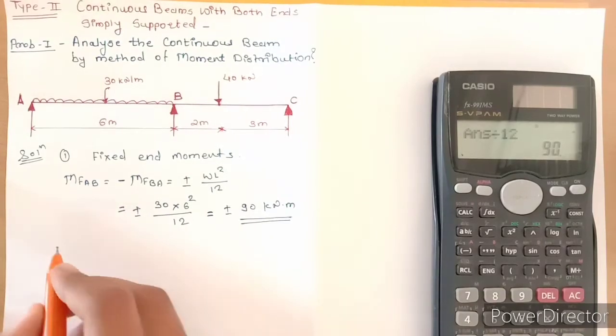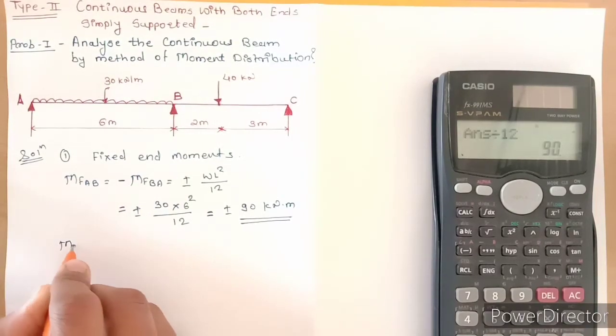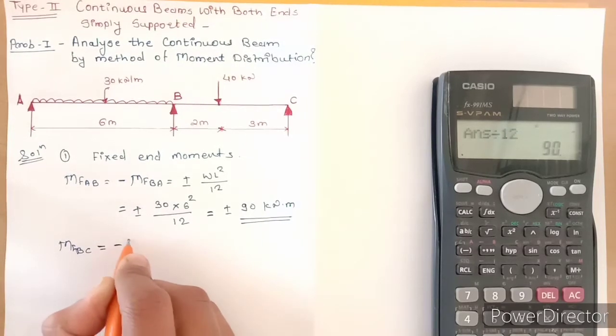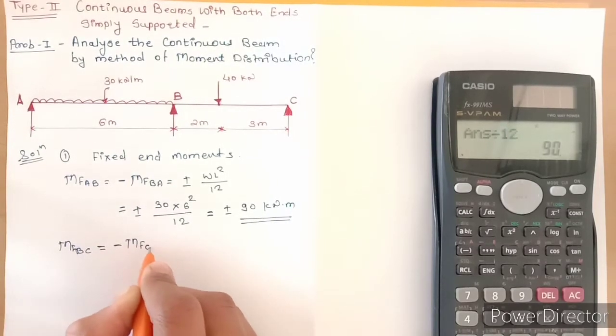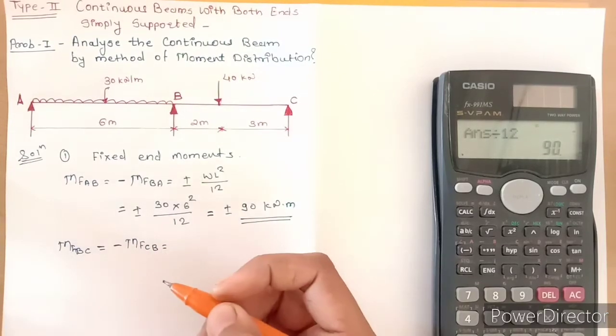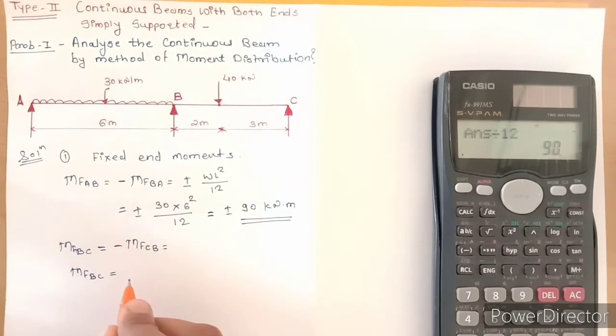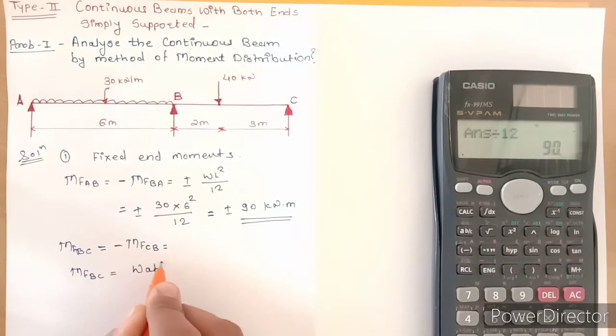Then next, the fixed end moment for member BC and for member CB. First we take the fixed end moment for member BC, and the formula is W A B square divided by L square.